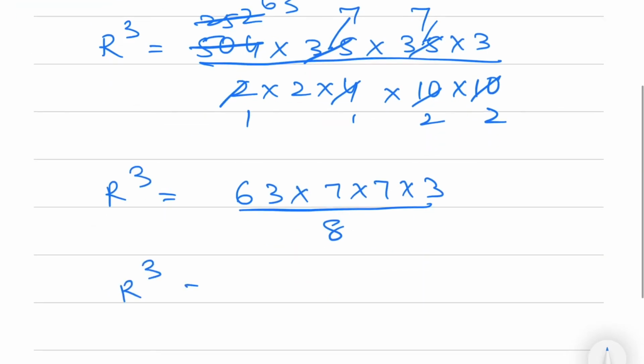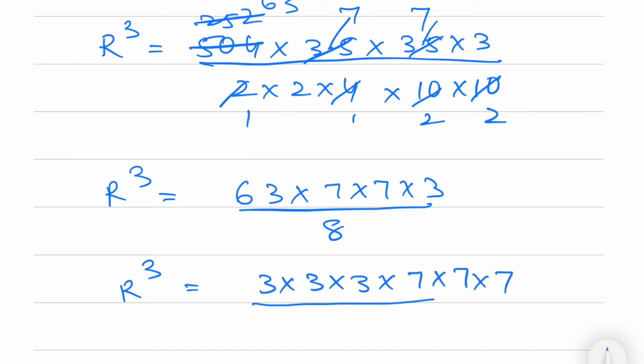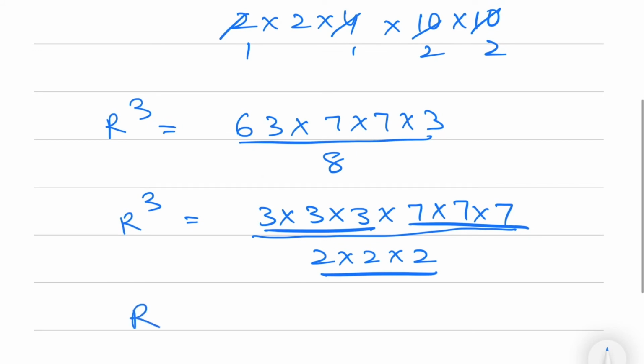So R cube I can write down as 3 into 3 into 3 into 7 into 7 into 7. 63 I have factorized as 3 into 3 into 7, and here we have 2 into 2. So we can make pairs of 3 and we can write down radius is equal to 3 into 7 by 2, so 21 by 2.